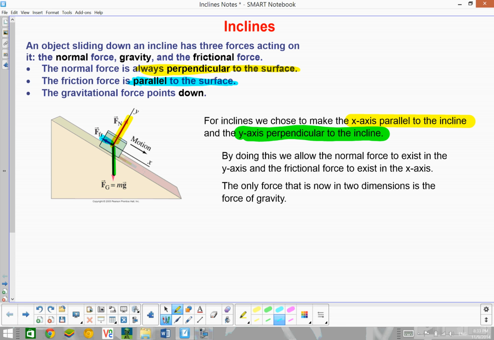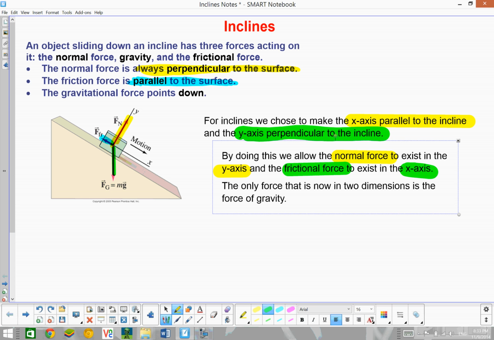So you can see that here, your y is perpendicular to the plane, and your x ends up being parallel to the plane. This allows us to have the normal force exist solely in the y dimension now, and the friction force, or any other forces that are parallel to the plane, can exist in the x-axis.